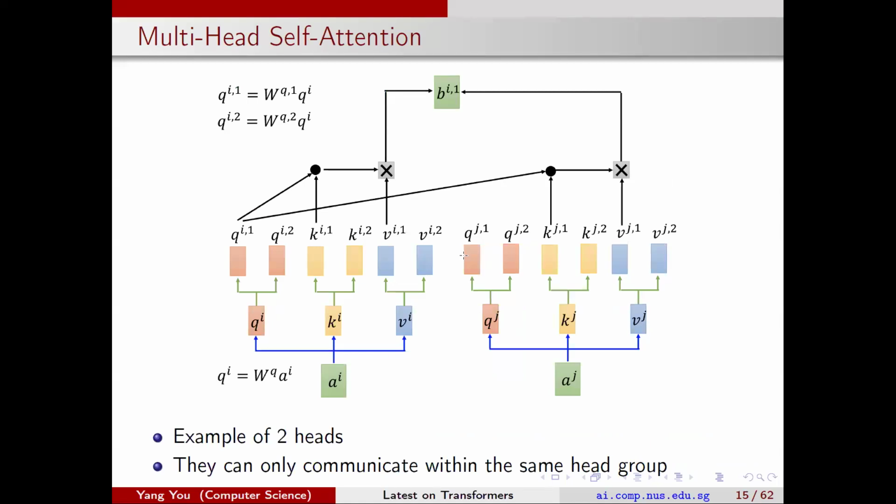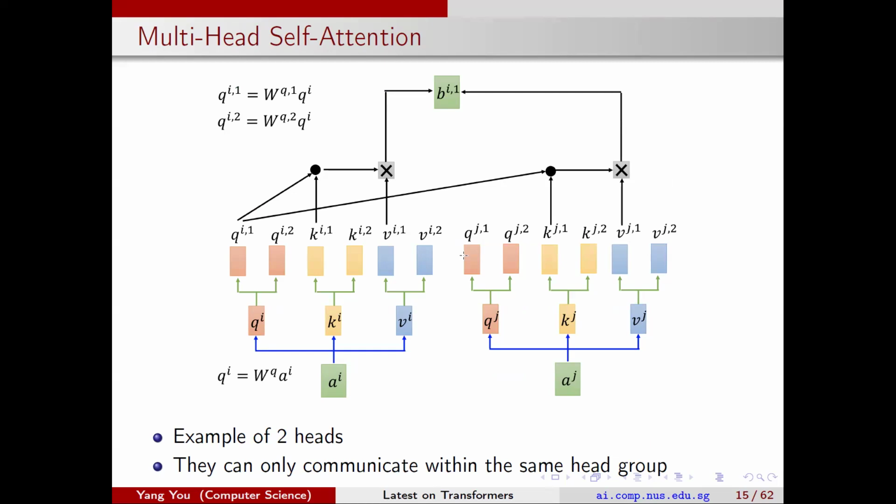So let me also briefly introduce the idea of multi-head attention. That means each token has multiple heads. Maybe for each token we need to gather different levels of information.